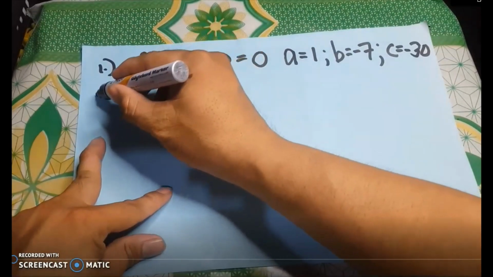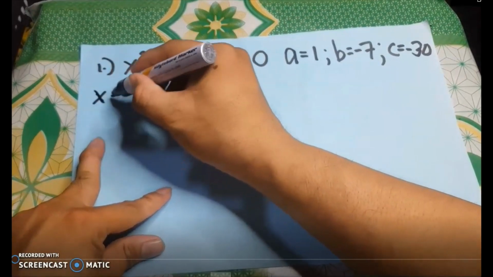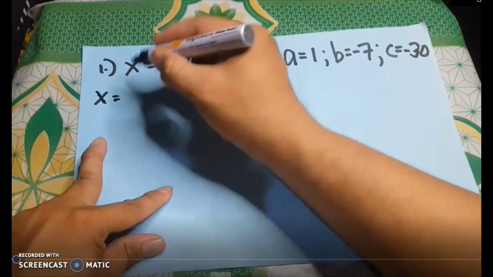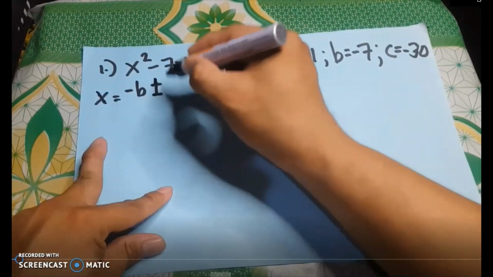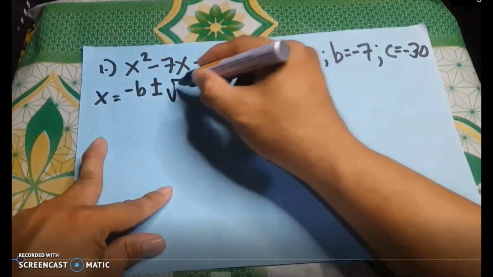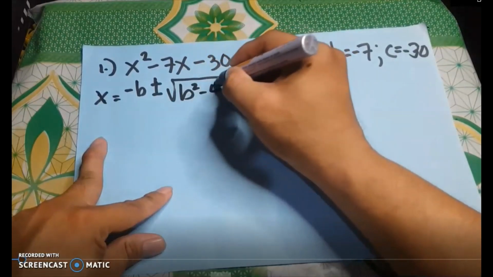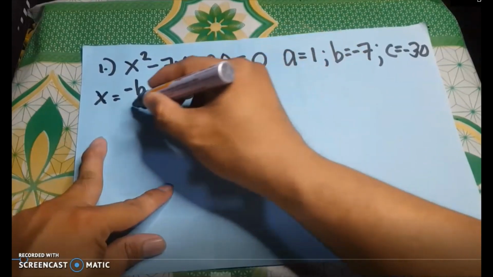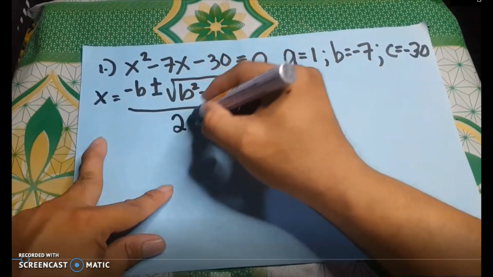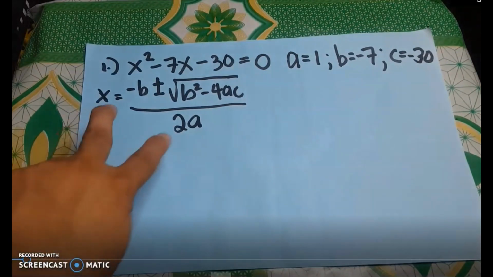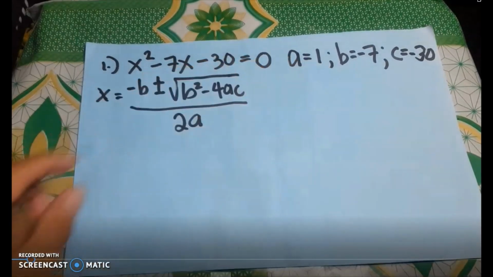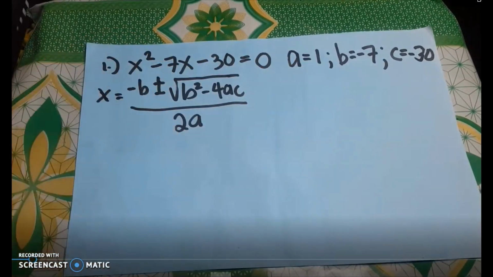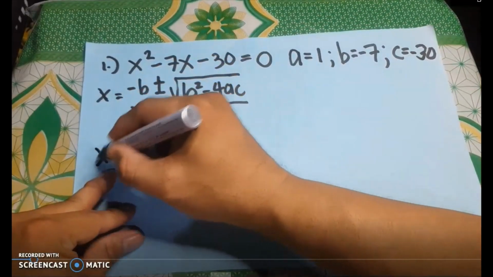So the quadratic formula is x is equal to negative b plus or minus square root of b squared minus 4ac all over 2a. So with this given quadratic formula, all you have to do is to substitute the values of a, b, and c to the formula. Then let's start substituting.